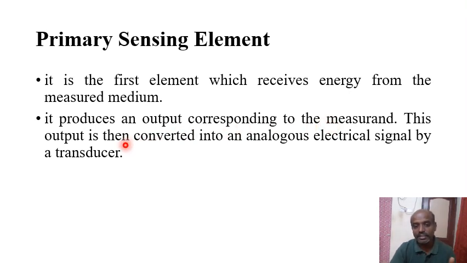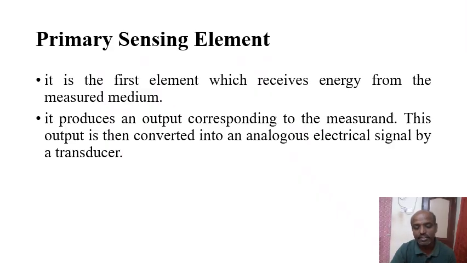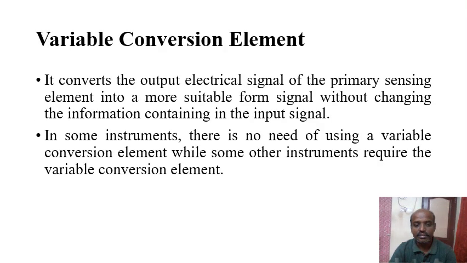Your unknown quantity is measured with the help of a transducer. It may be converted into an electrical quantity, which then goes to the variable conversion element.